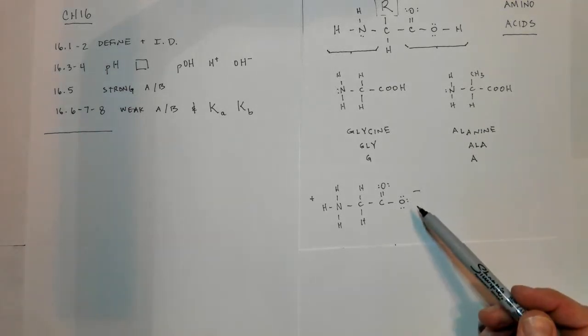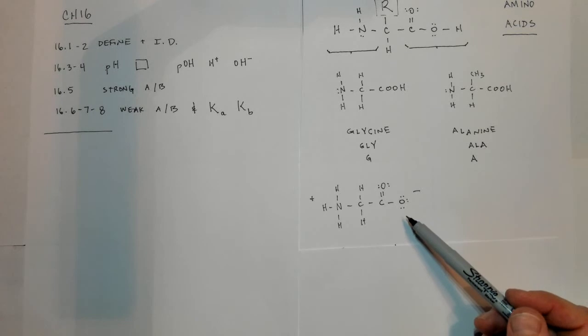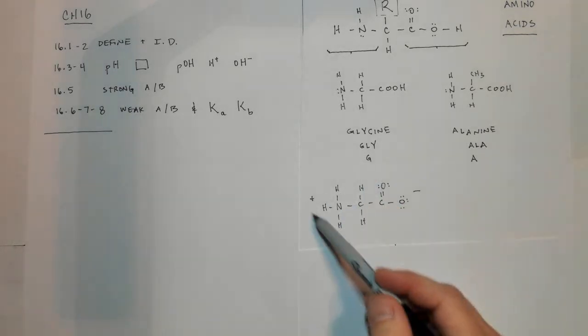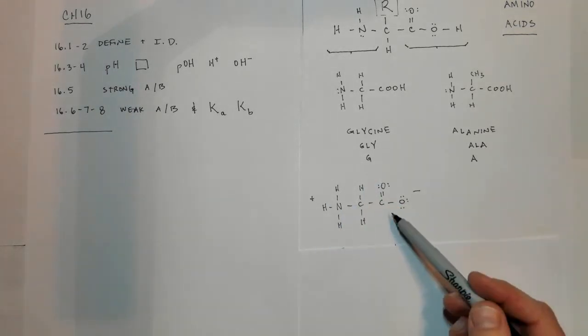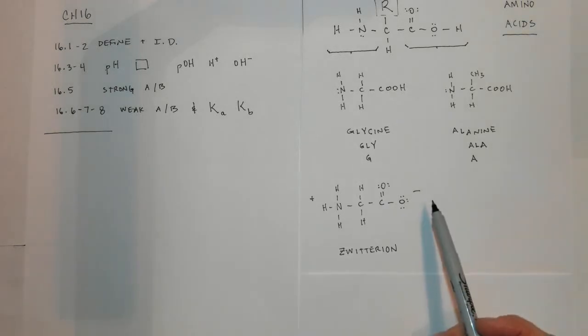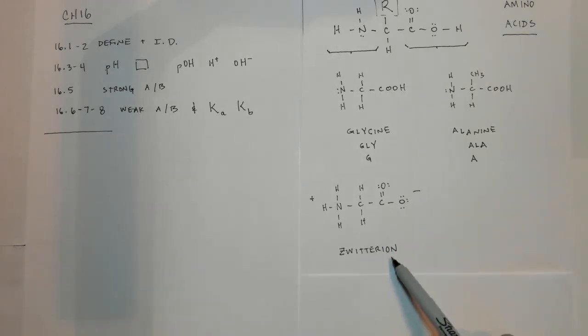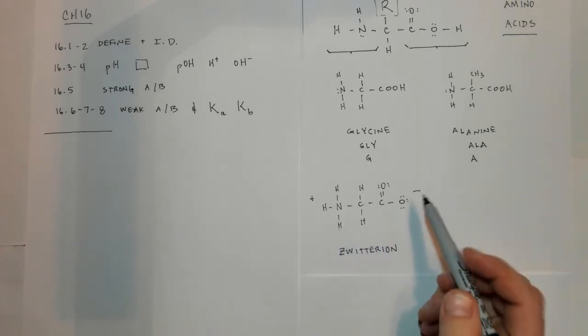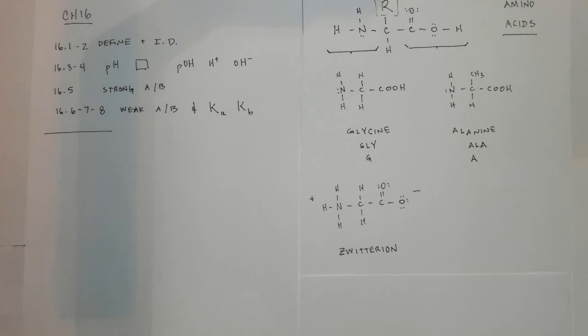And they have higher melting points, acting a little more like ionic solids, making this act more like a polyatomic ion. These ions have a fancy name. These are called Zwitter ions, with a positive end here and a negative end here.